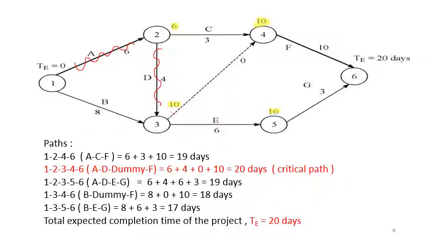Again, the dummy activity. Please note, even though dummy activities are not actual activities, they can be a part of the critical path. So A, D, dummy, F will be critical activities. So activity A, activity D, the dummy activity, and activity F will be the critical activities.